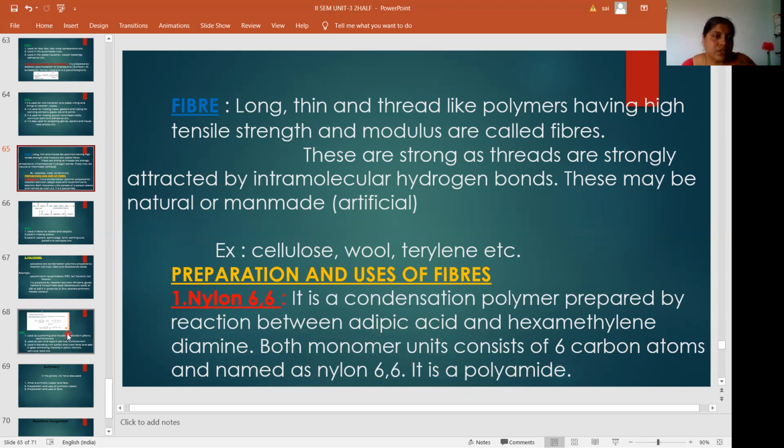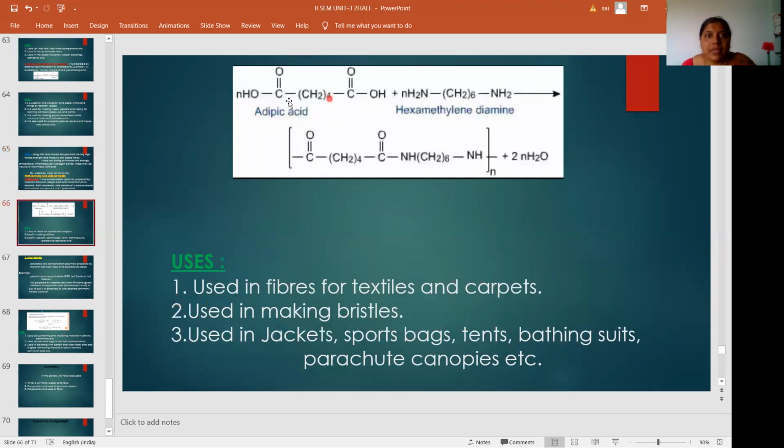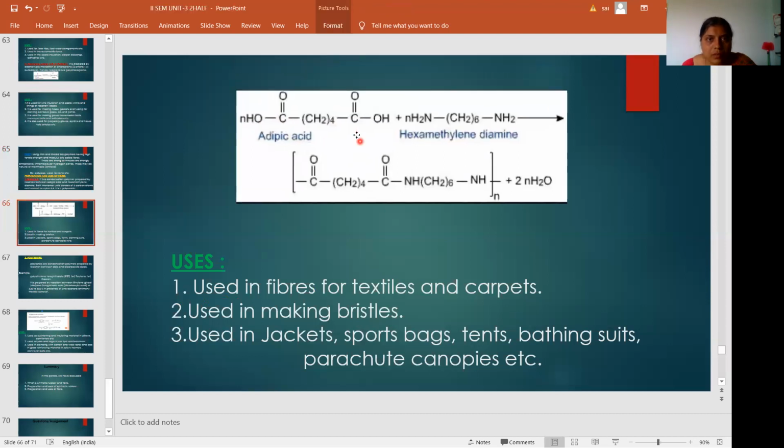So we'll see the structure here. This is the adipic acid: COOH, then CH2 groups, 4 of them, CH2, CH2, CH2, CH2, then COOH. So in total 6 carbon atoms are there.